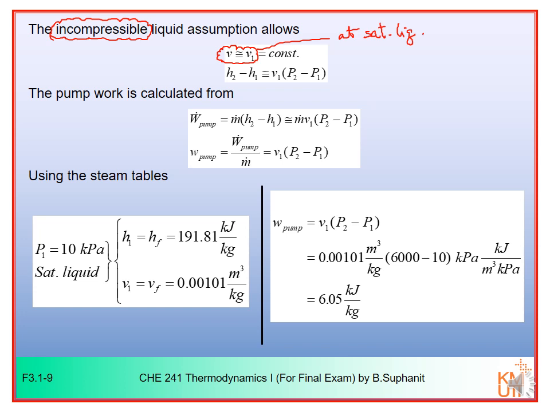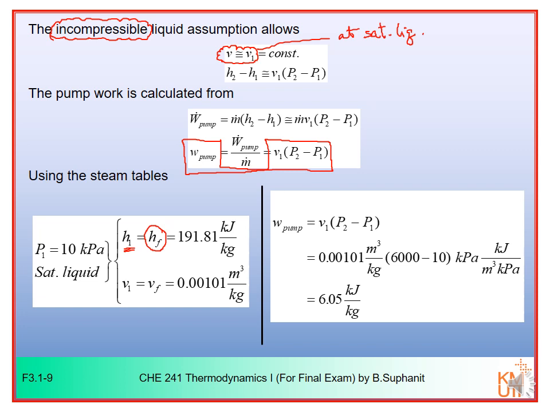So in this case, you can calculate the pump work directly from the pressure change from the inlet to the outlet. Pump work will be equal to V1 multiplied by P2 minus P1. Now, from the steam table, at point number 1, P1 equal to 10 kilopascal and sat liquid, you have the sat liquid enthalpy, hf, at 191.81 kilojoule per kilogram.